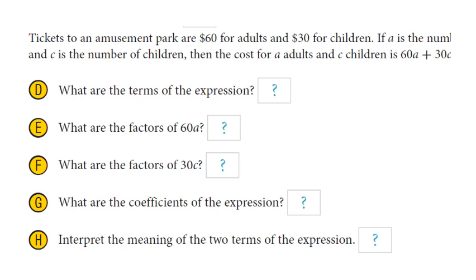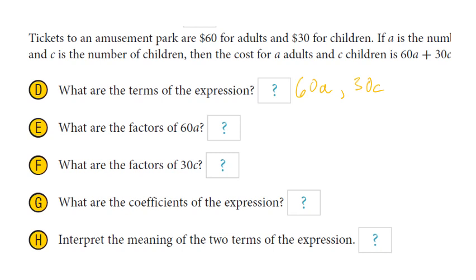Terms are the things that you're adding in the expression. 60A is one term, and the product 30C is the second term. Part E, what are the factors of 60A? Well, factors are the things that you are multiplying together to get a product.